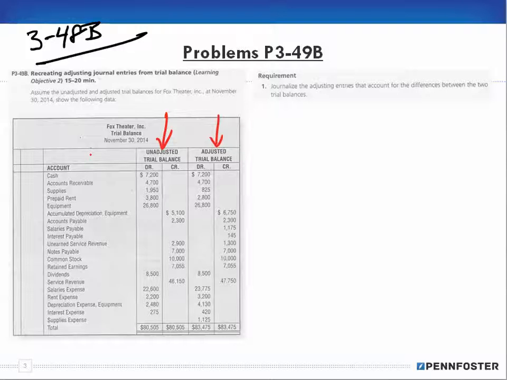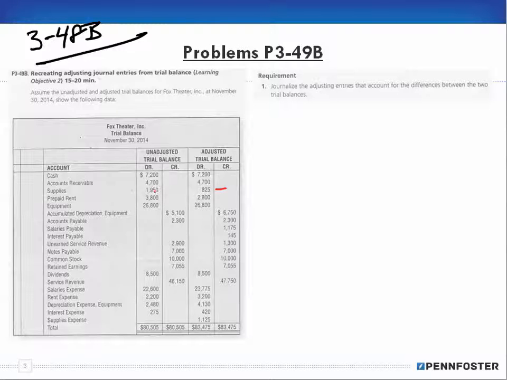I'm not going to go back through a lot of the theory here. I'm just going to go down and make the journal entries because it's just recording the differences. Cash is still the same balance, accounts receivable has the same balance, my supplies account has a different balance.